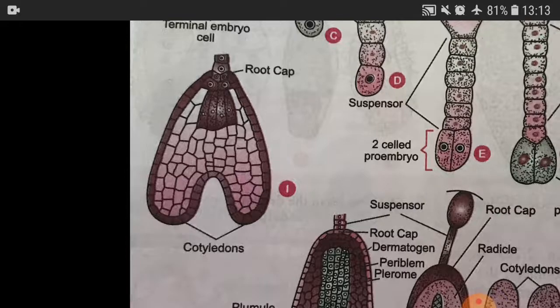At this stage, the developing embryo is globular and shows radial symmetry. It is known as proembryo. The proembryo is transformed into embryo with the development of radicle, plumule and cotyledons.